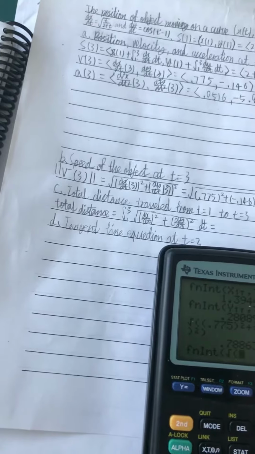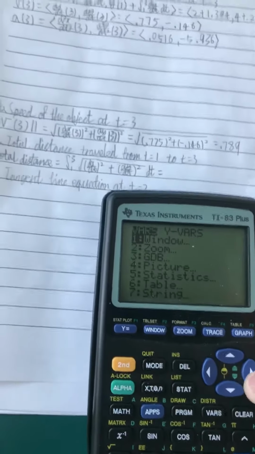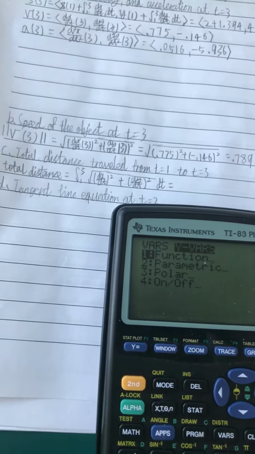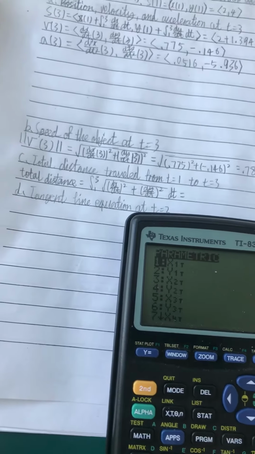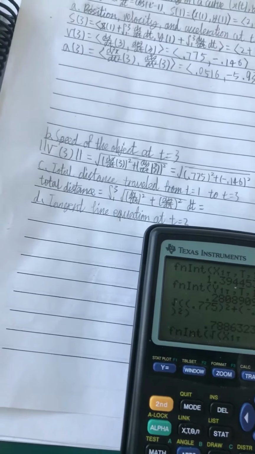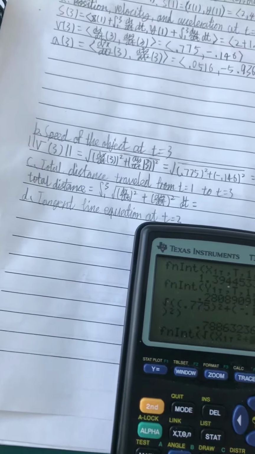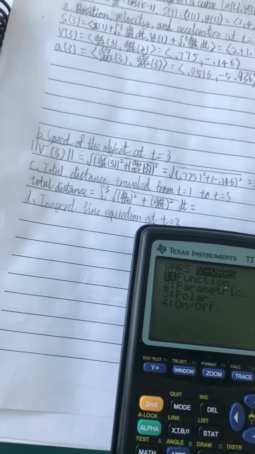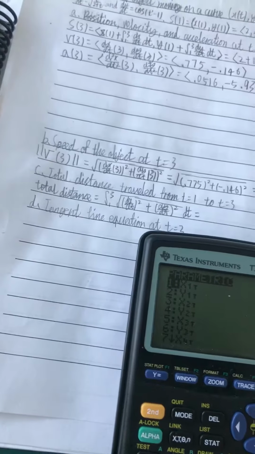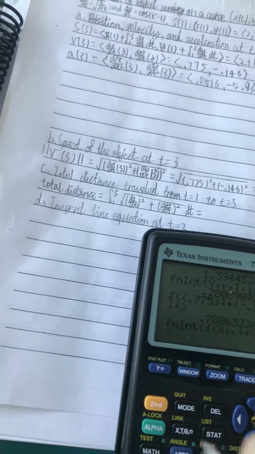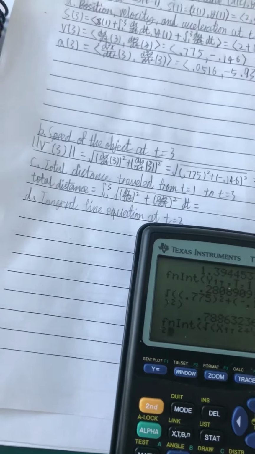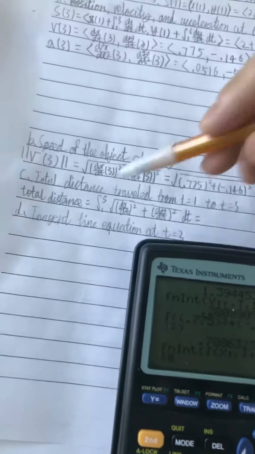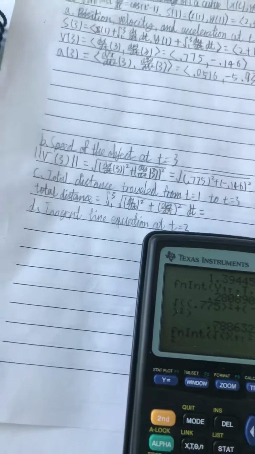We type in vars, Y-vars, 2, x1t squared plus vars, Y-vars, 2, parametric, y1t, and we square it. Notice that when we square this, it's basically like we're squaring the equation here.